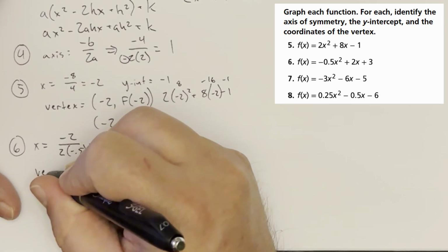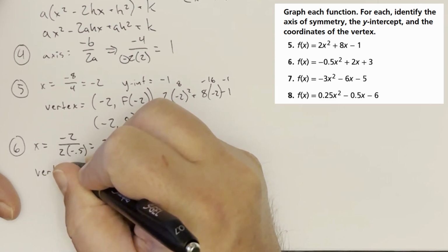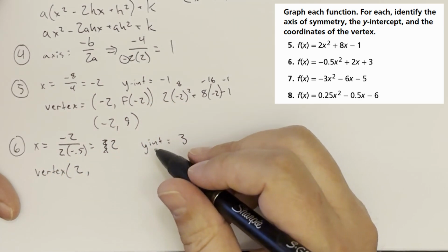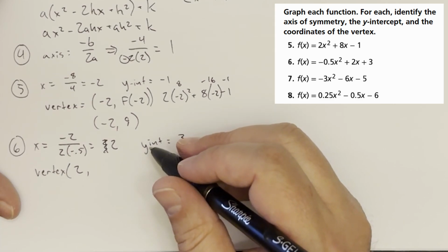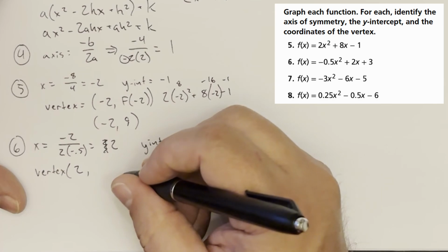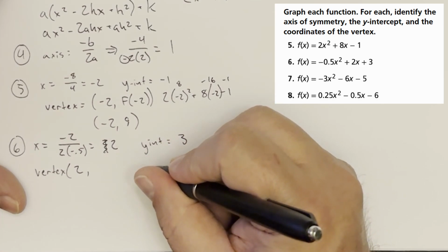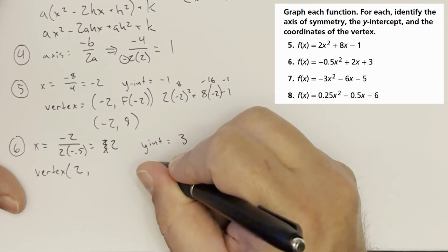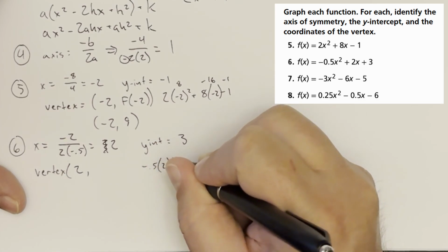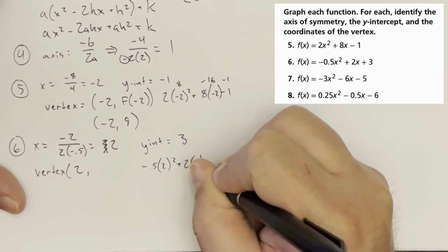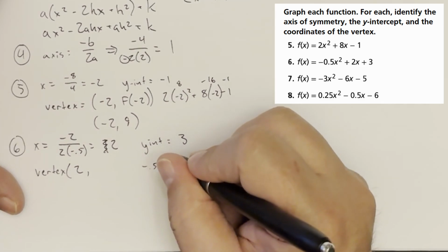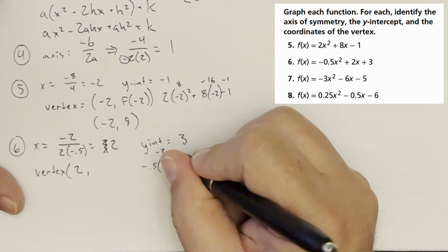That's easy. And then the vertex, this one takes a little bit more work every time, and you should get used to doing this. So we have the axis of symmetry, x equals 2. Now we calculate f of 2, which would be negative 0.5 times 2 squared plus 2 times 2 plus 3. And 2 squared is 4 times negative 5 is negative 20.